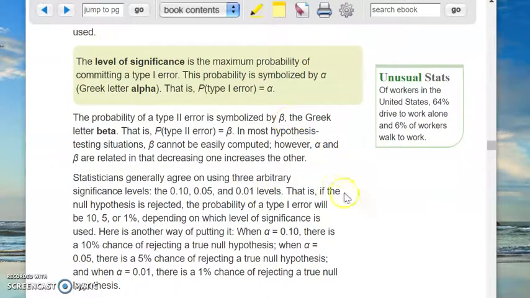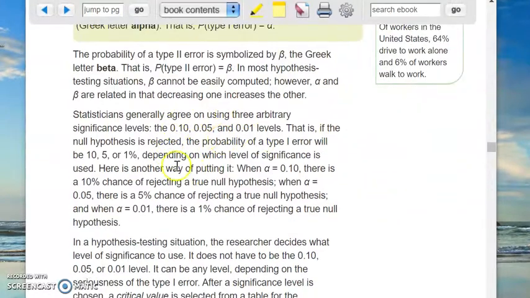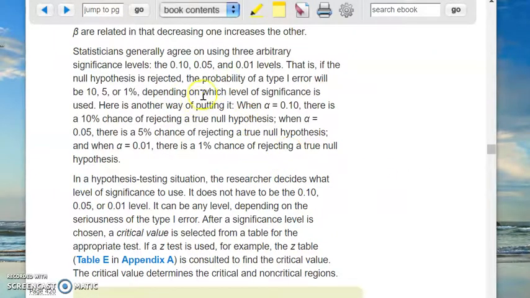Okay? So normally what we do is we say, well, we want to be wrong maybe 10% of the time at the most, but if it's really important, make it 5% of the time. But if it's life and death, make it 1% of the time. That's the error that we're going to allow ourselves, okay? So if you were talking about Wheaties, does Wheaties help you do push-ups? You can be wrong 10% of the time.